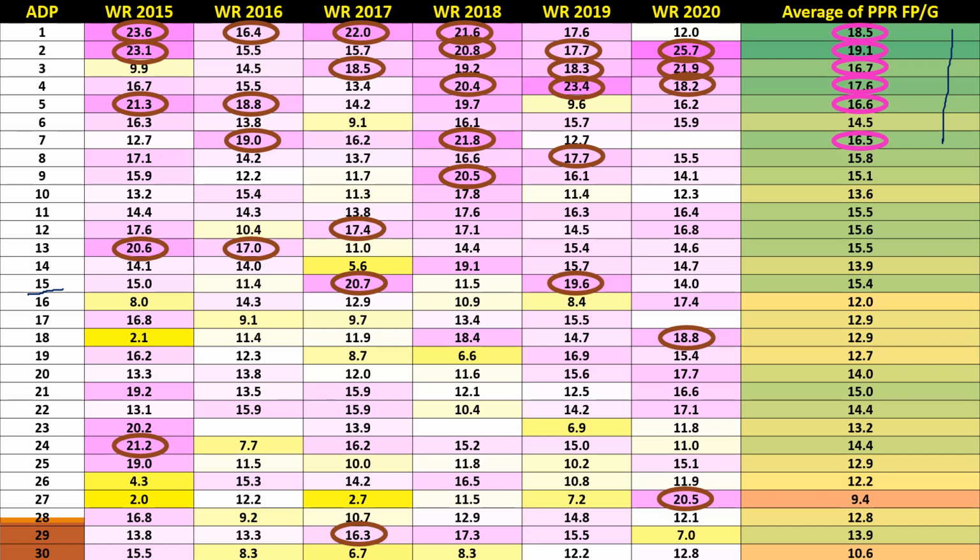So just realize that as the draft goes through, on average, the value of the players you're picking is going down. And in fact, it is not a linear process. The bottom really drops out there. And clearly after about ADP 5 or 6, it starts going down.